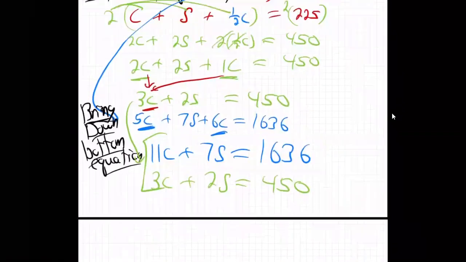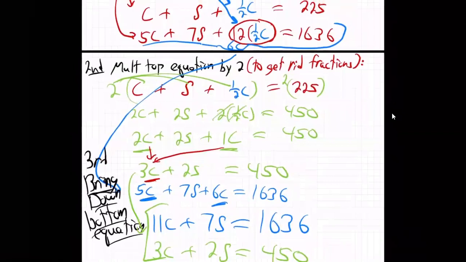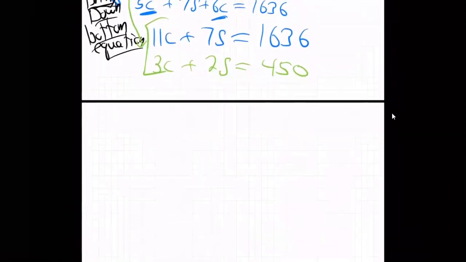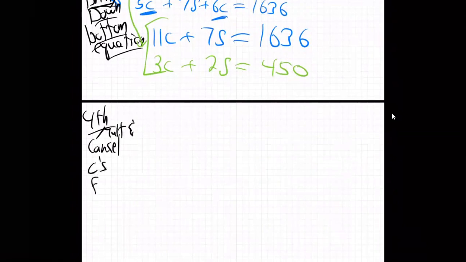Can I just say, so this is the third step here. And then the fourth step, multiply and cancel C's in the front.